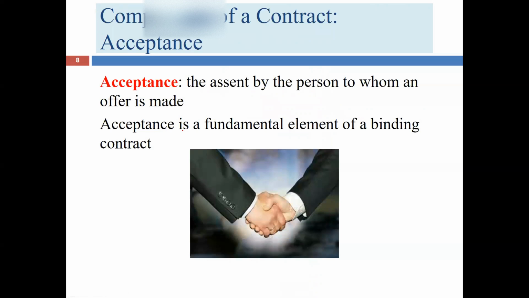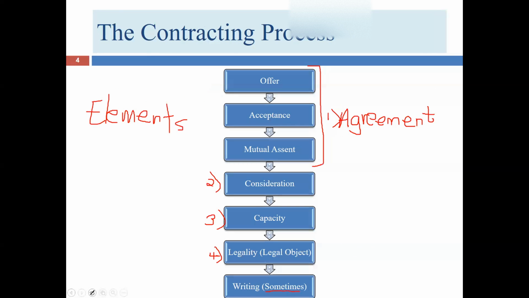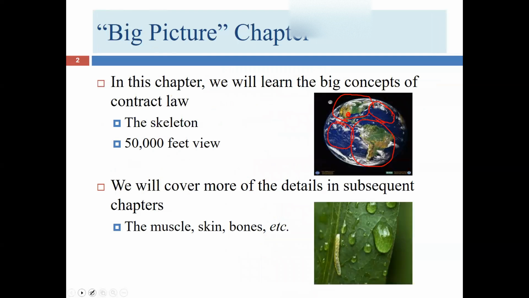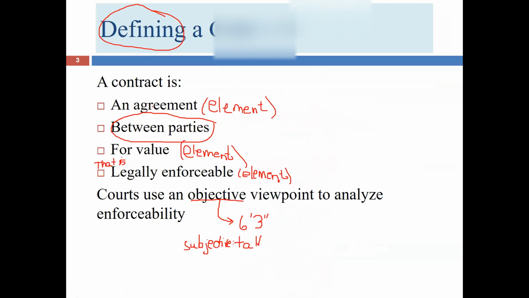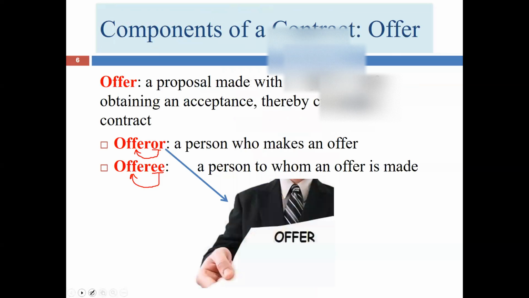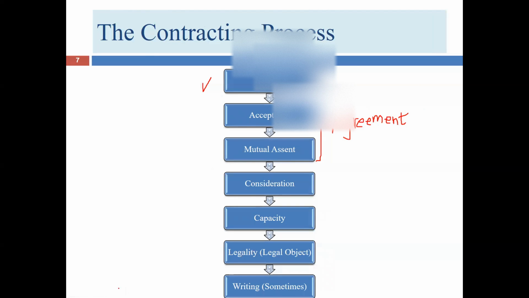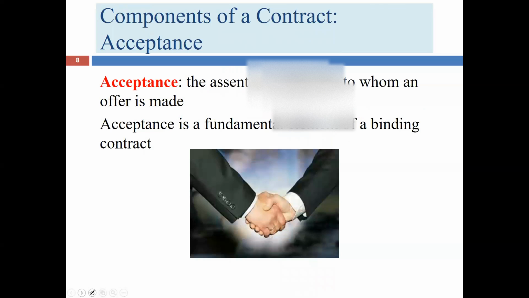Obviously, you can't have a contract unless you have both parties agree to the contract. That was one of our requirements in our definition, right? Going back here. An agreement between the parties. So that requires, obviously, both parties to agree to it. And so we need an offer and we need an acceptance before we have that agreement.